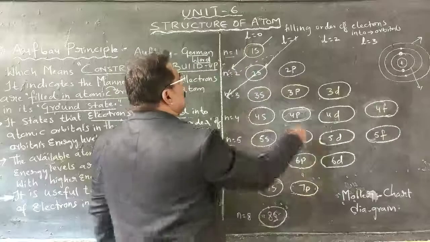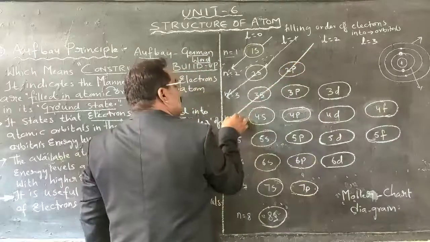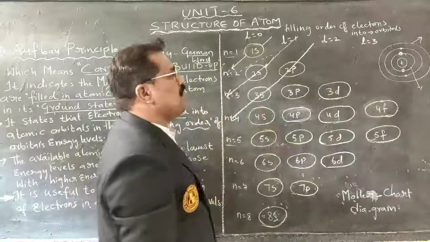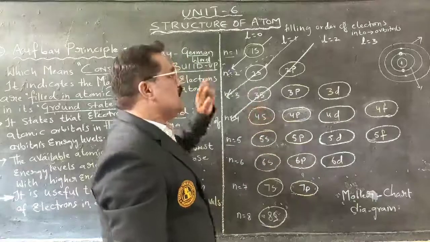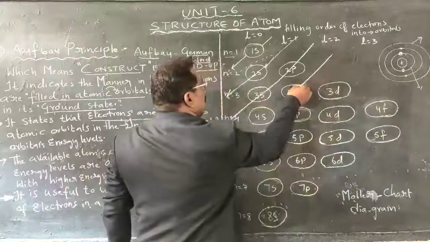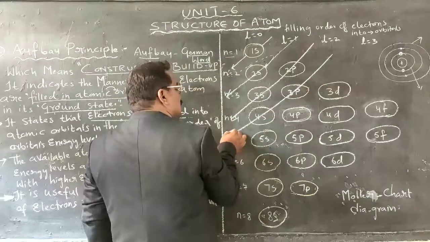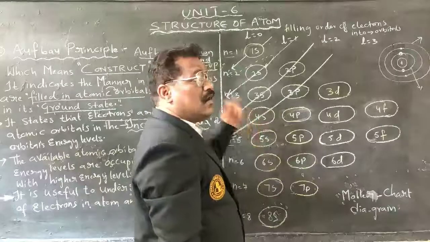After filling the 2s orbital, the electron will enter the 2p orbital. After filling the 2p orbital, it will enter the 3s orbital. After filling 3s, it will enter the 3p orbital as well as the 4s orbital.